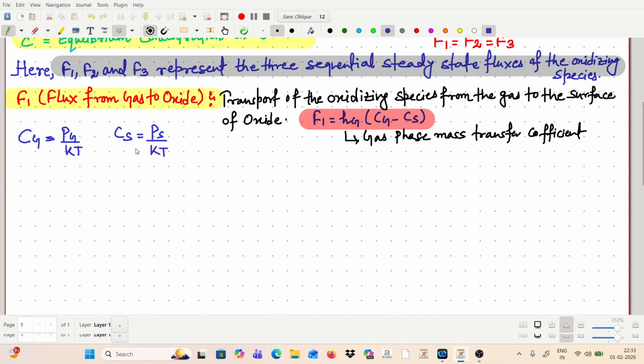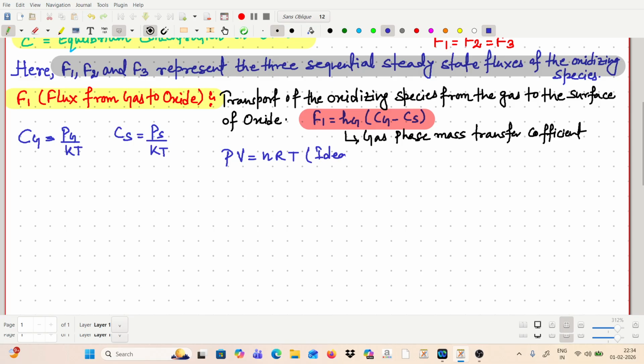Okay, so if someone asks how this formula is coming, I have already made a separate video on this for the concentration as a function of pressure, Boltzmann constant, and temperature. Or this can also be easily observed from the ideal gas equation, that is, PV equals nRT.